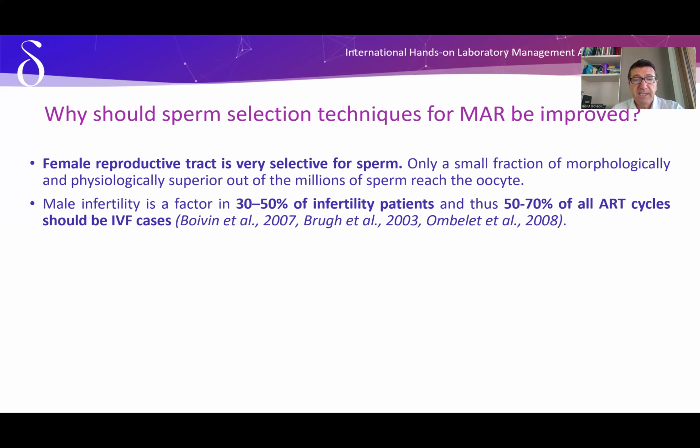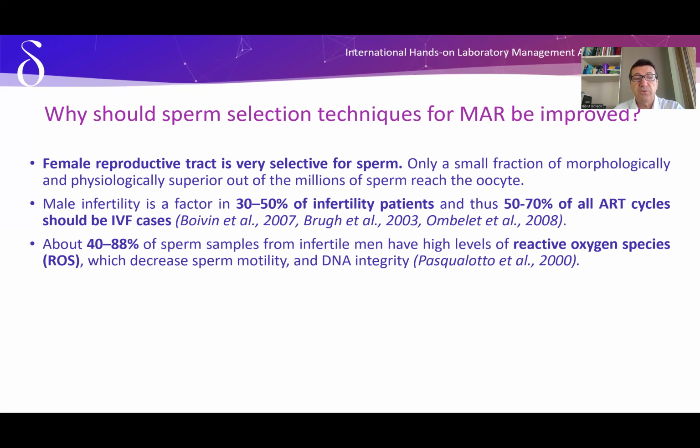Male infertility is a factor in only 30 to 50% of infertile couples. This means that approximately 50 to 70% of all IVF cycles should be conventional IVF cases, not ICSI cases.